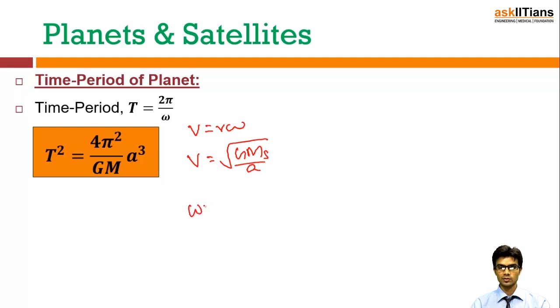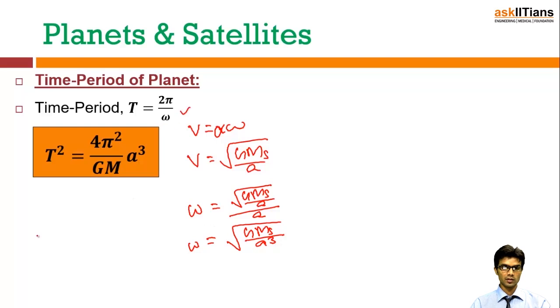Here not r, here a, because a is the radius. So omega is equal to under root G Ms by a, divided by a. It can be written as under root G Ms by a cube.